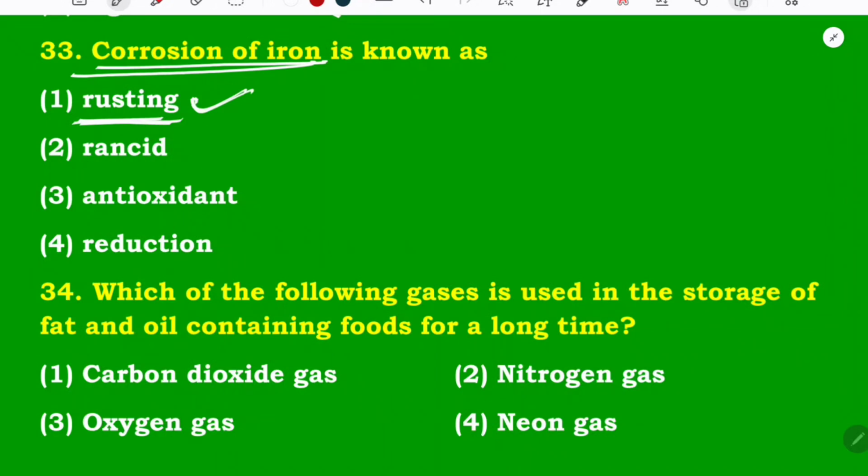Next question: which of the following gases is used in the storage of fat and oil containing foods? Which gas can we use? Carbon dioxide we never use to store. Oxygen gas we never use, because it would be a reason for oxidation. Neon gas also could be used as it does not react, but there is no need and it is not practical.